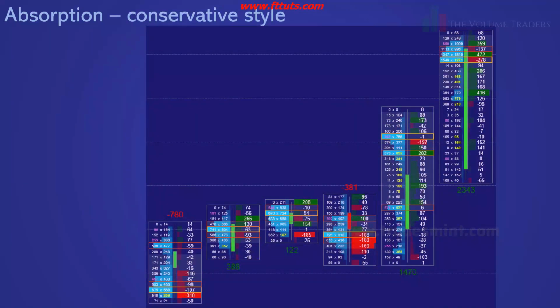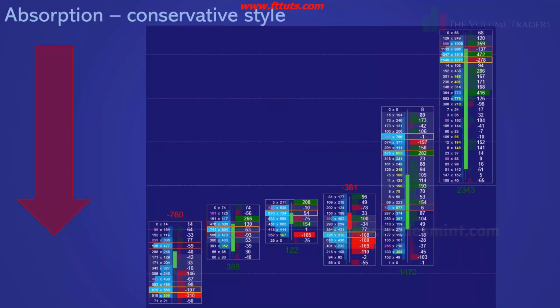So some theory about the first way, the conservative, the most basic. So absorption of sells, so when price is going down, appears when aggressive sellers meet passive buyers.